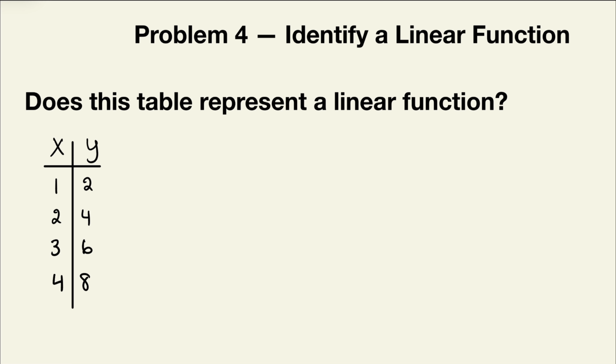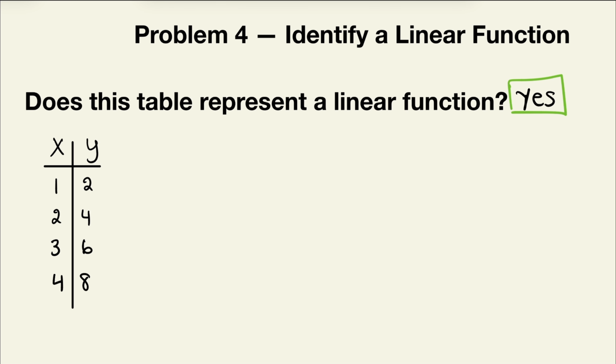Because the change in y is the same each time, the values do increase by 2. That tells us the rate of change is constant. So to answer the question, we will go ahead and say yes, that this table represents a linear function. And that is the final answer.